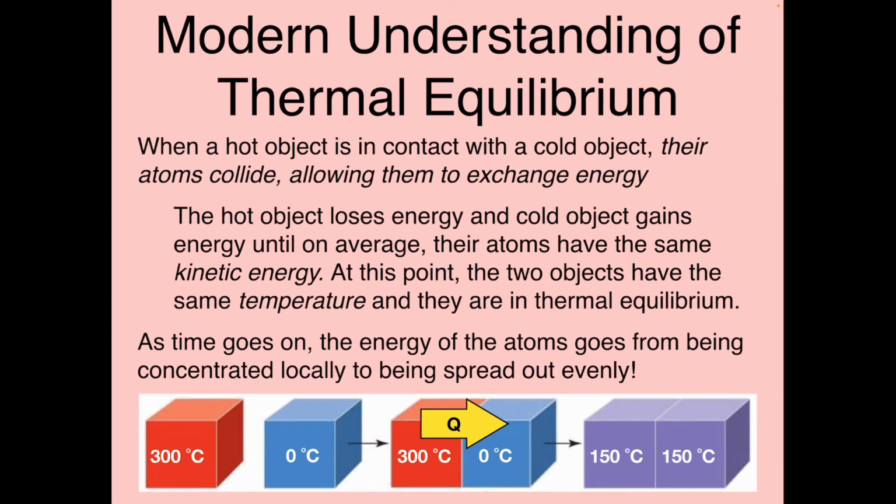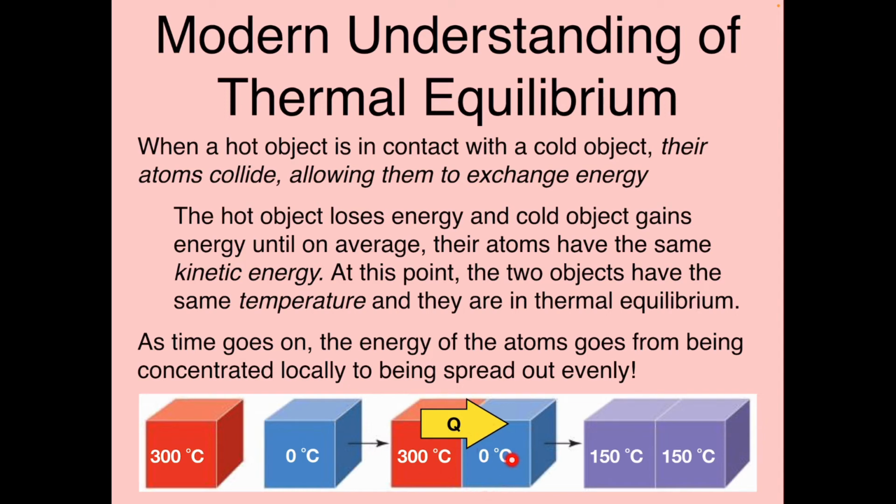How does that happen? Well, the hot block, if we look at this surface of it, has molecules jiggling back and forth like this, and so does the cold block. So those molecules are going to be colliding with one another. And in those collisions, the hotter block is losing energy. Its total energy is going down. Its temperature, as a result, is going down. Whereas the colder block is gaining energy from those collisions.